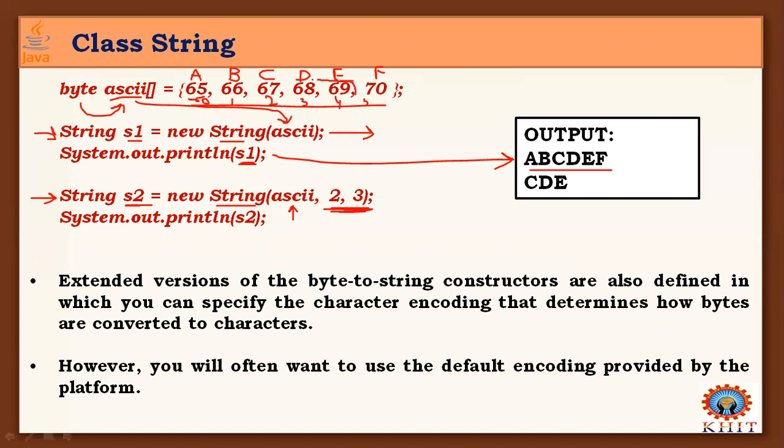So only this part is taken, index 2 to 4, a total of 3 elements. Only those bytes are converted into characters and initialized into this S2 string object. So when it is displayed on the screen by using the System.out.println statement, it shows CDE.